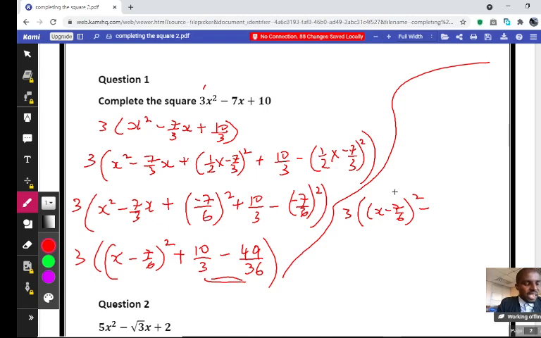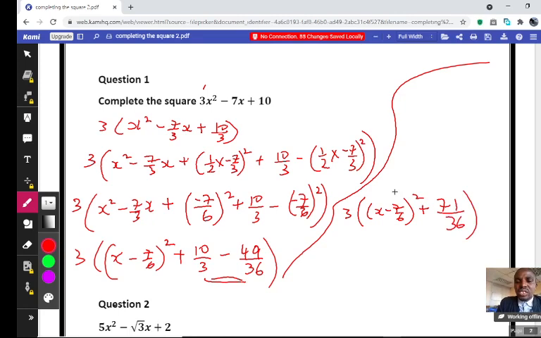It's 10 over 3 minus 49 over 36. What do you get? Using a calculator, I get 71 over 36. So plus 71 over 36.